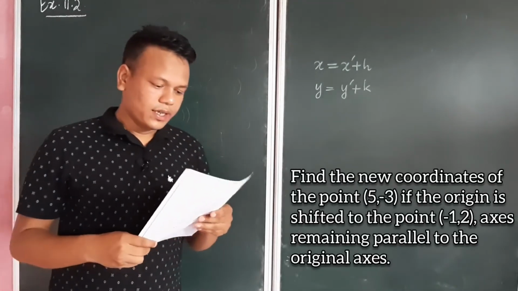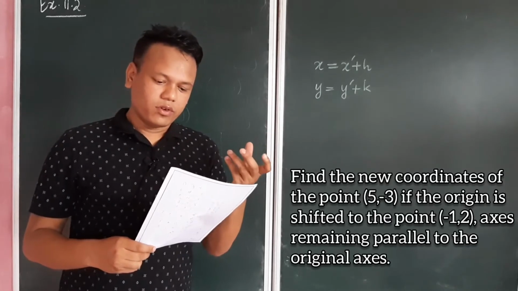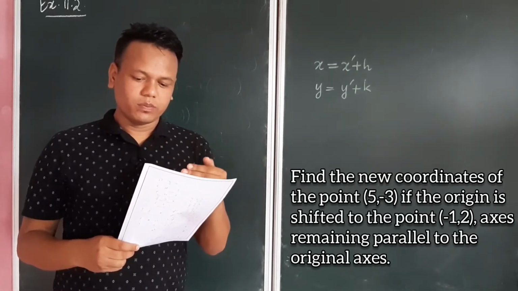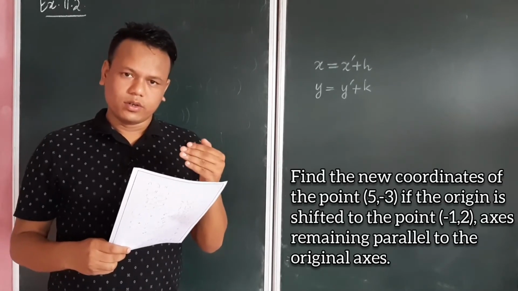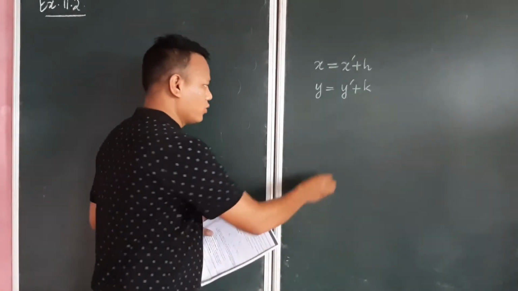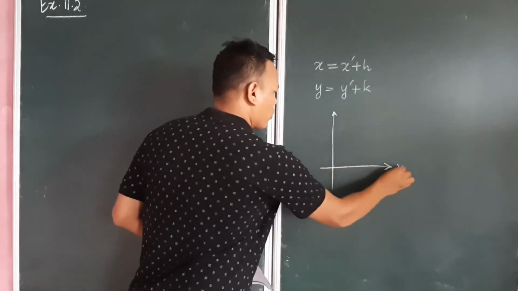The question says, find the new coordinates of the point 5 comma minus 3 if the origin is shifted to the point minus 1 comma 2. Let's try to understand the meaning of this. This is origin x o y.